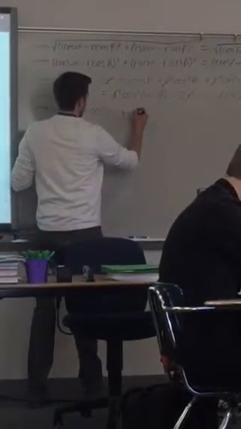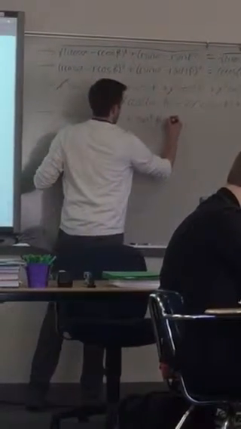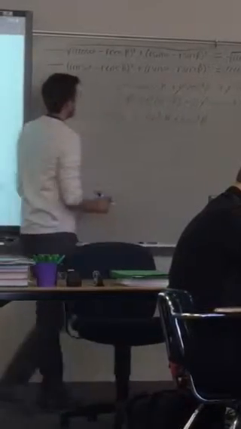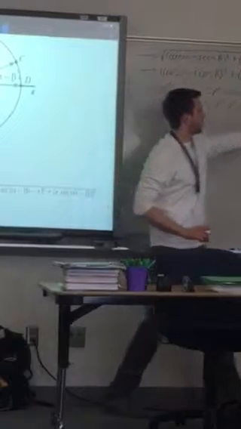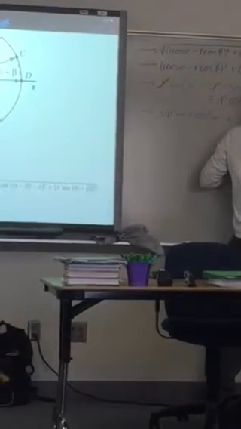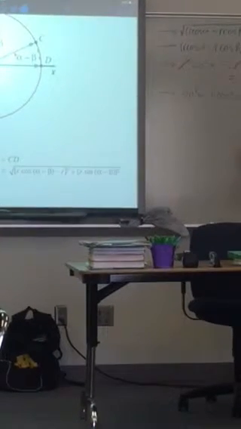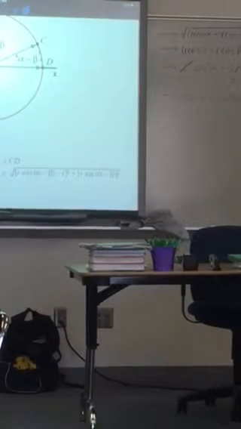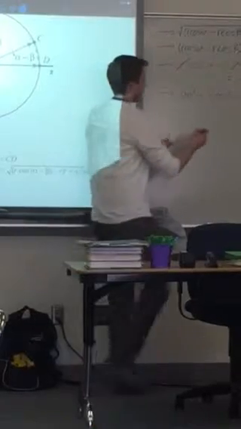Let's write those together. Sine squared beta plus cosine squared beta. And that leaves us with a minus 2 cosine alpha cosine beta and a minus 2 sine alpha sine beta. So that is the left side rearranged.